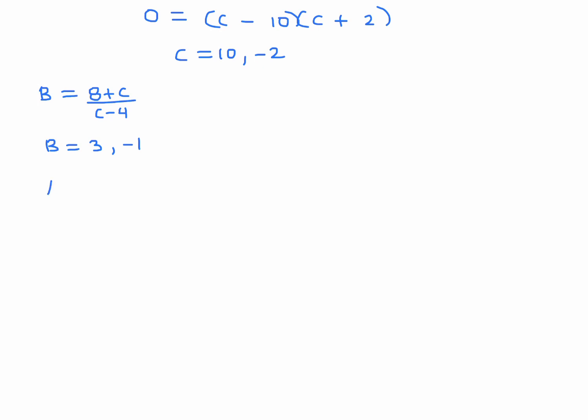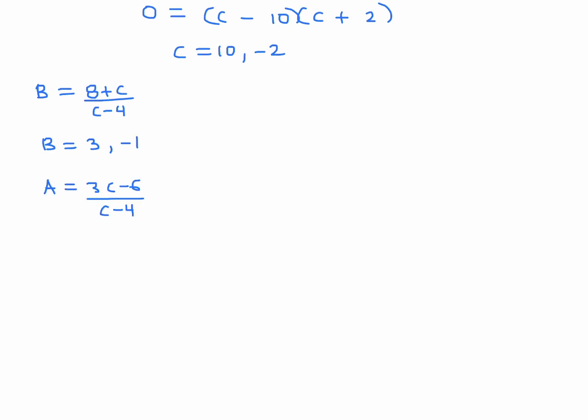And if you remember, A was equal to 3C minus 6 over C minus 4. So when you substitute these values in, you will get, for example, 30 minus 6, which is 24 over 6, which is 4.